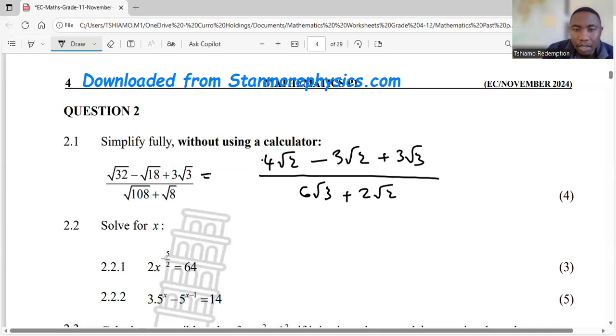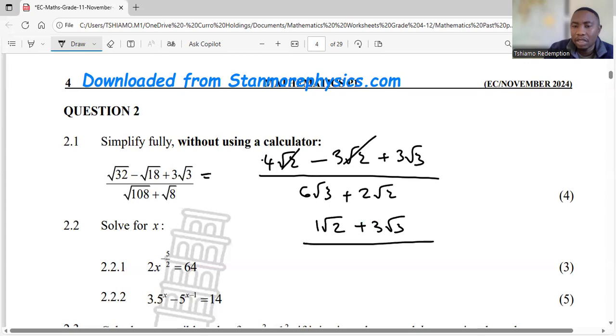Now, what would I do here? These are like terms. What is 4 minus 3? These are like terms because they have the same surds, square root 2, square root 2. So 4 minus 3 will give me 1 root 2, or root 2 plus root 3 over 3, whichever way.